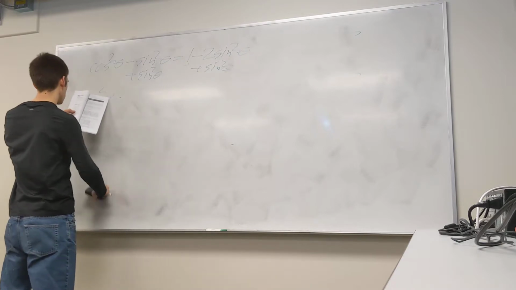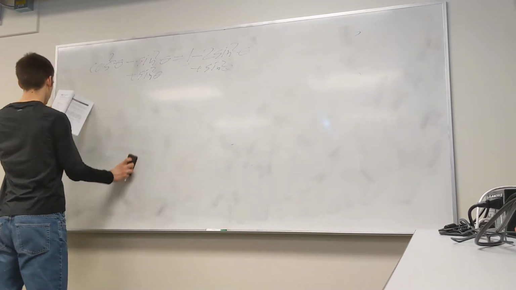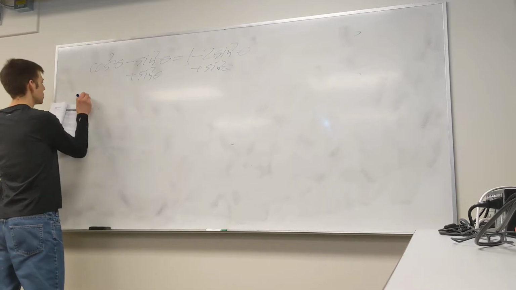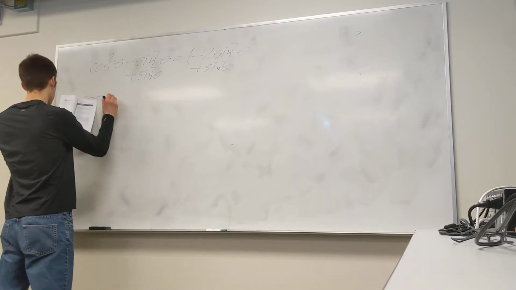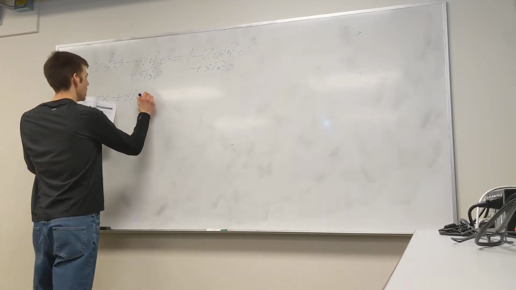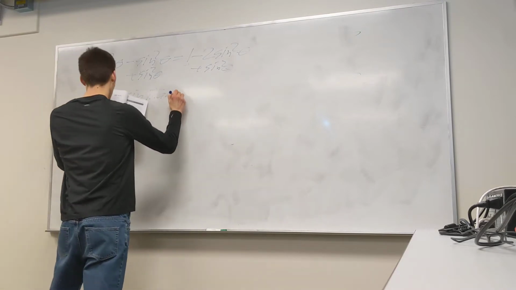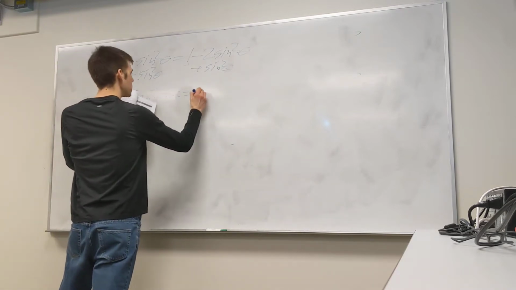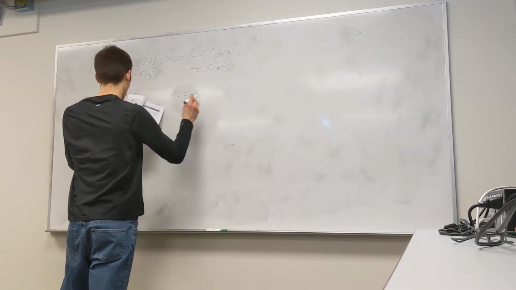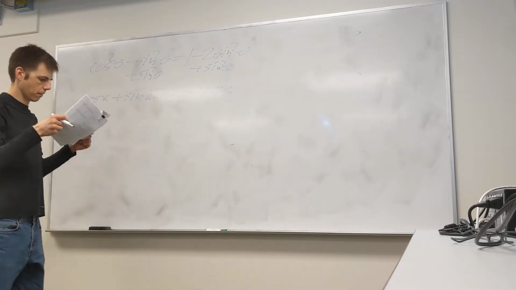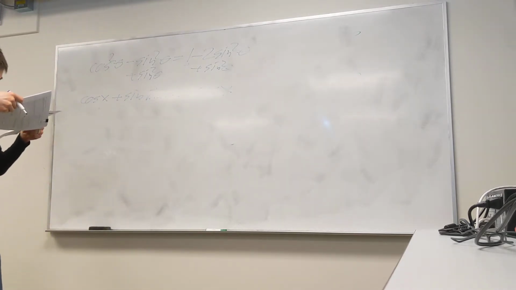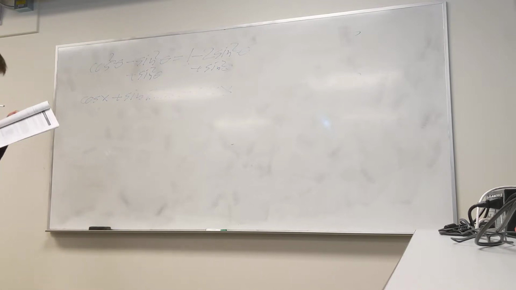Let me not do that one again. Let's do number 8. Cosine x plus sine x tan x equals secant x. Okay? Verify that.